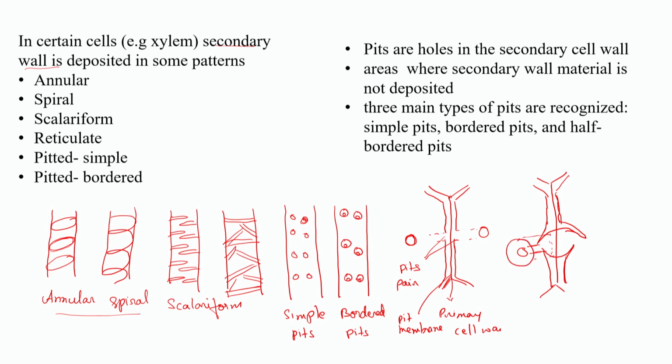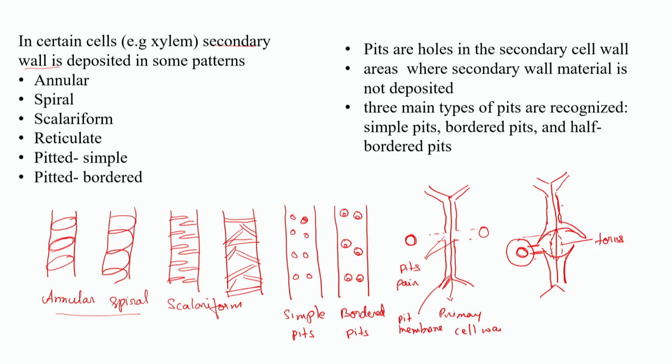You can see that the pit aperture is smaller but inside, the pit chamber has a wider diameter. So this is a bordered pit, and many times the pit membrane gets swollen in the center, and this is known as the torus.